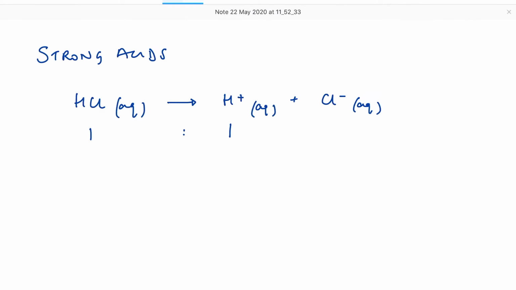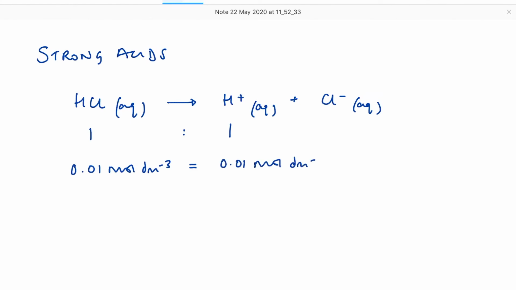So for example, let's say we were asked to find the pH of 0.01 mole per decimeter cubed hydrochloric acid. It's a strong acid, so the concentration of the acid equals the concentration of the hydrogen ions.